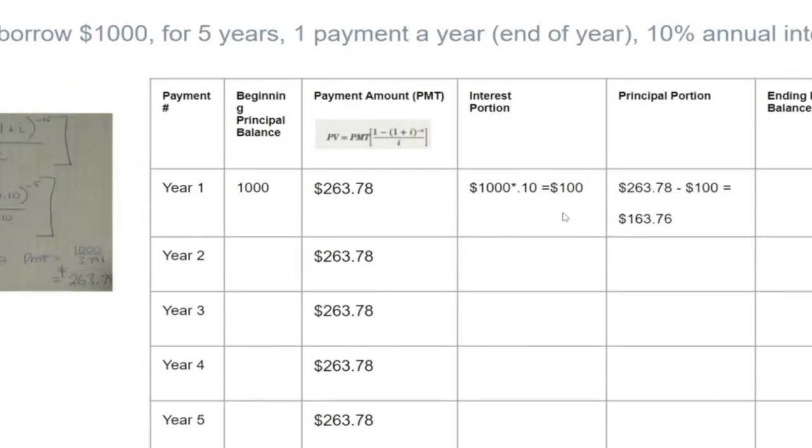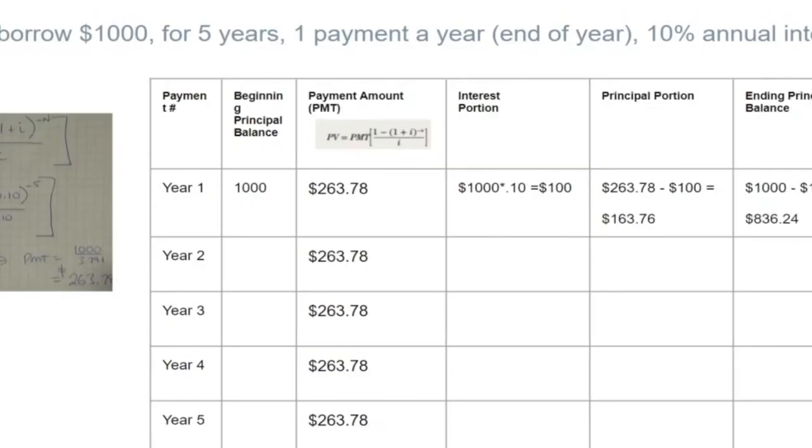Well, the principal portion is simply the $263.78 payment less how much interest we paid, which means that we paid $163.76 on the principal. So in order to get the ending balance, we take the $1,000, subtract off the $163.76, which is the principal portion, and that gives us $836.24 as the ending balance at the end of the period.